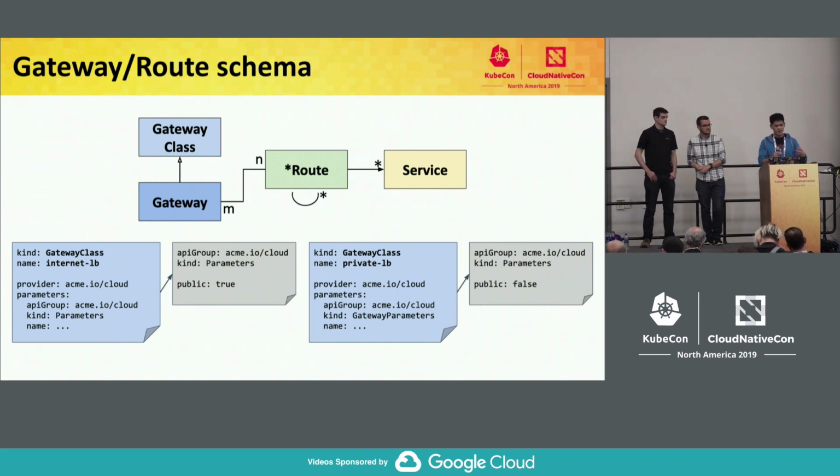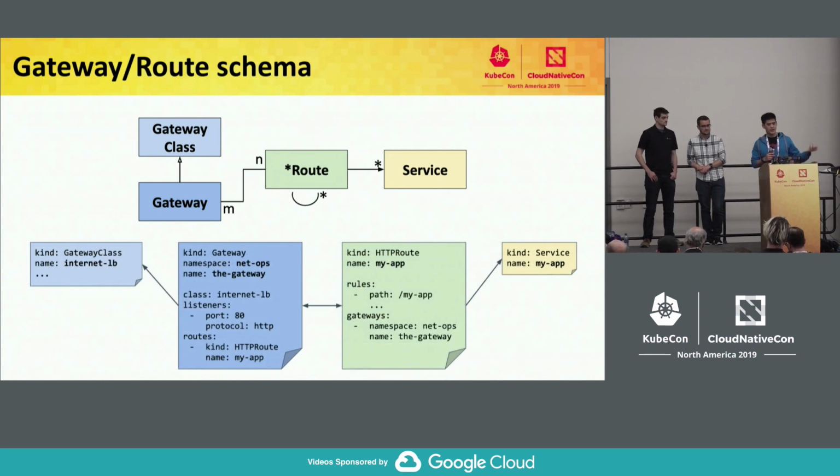In this cooked up example, when you create a gateway of Internet LB class, that represents that the user intends to export that service as an internet available service. And if they use the Private LB class, that means they intend to perhaps export their service to their local VPC.